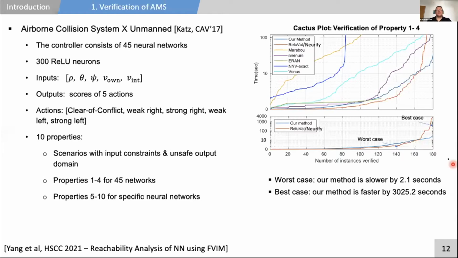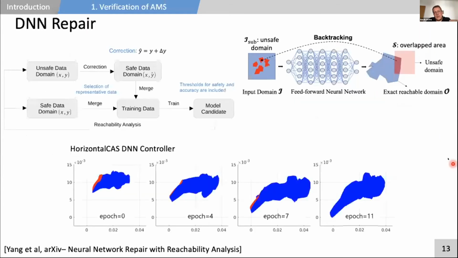Now, the next question that arises is, what if we fail to satisfy some input-output specification? Can we do anything about it? Then we can think of possibly repairing the network. And one such framework is the following.